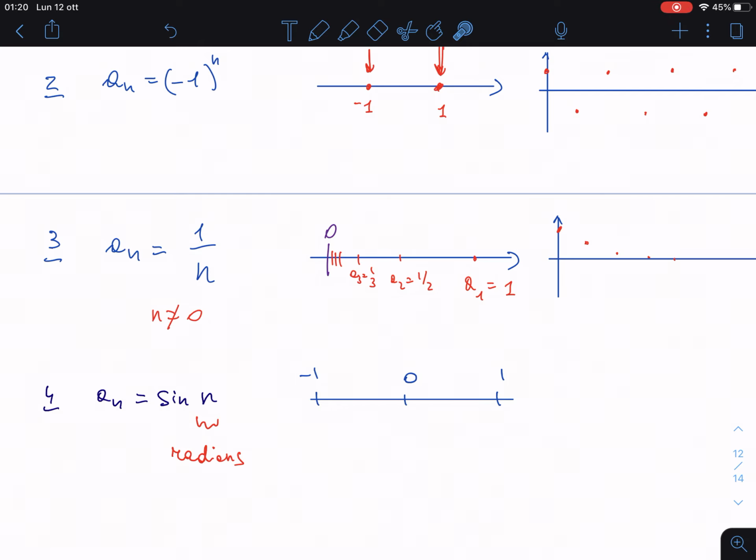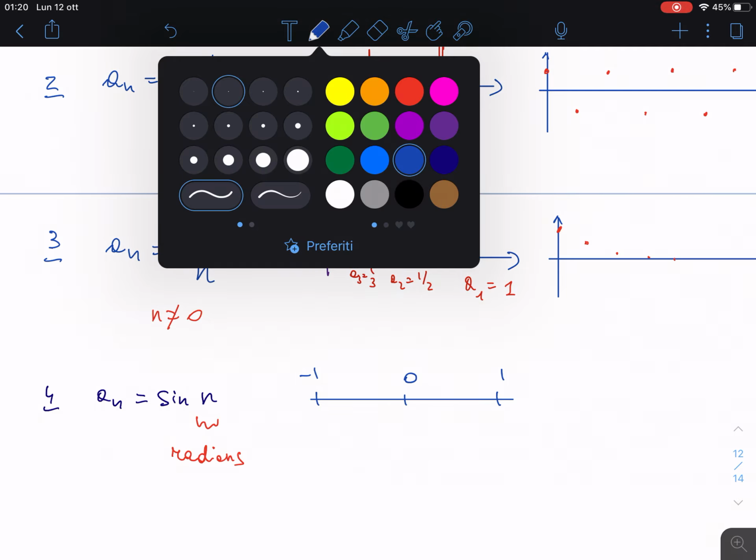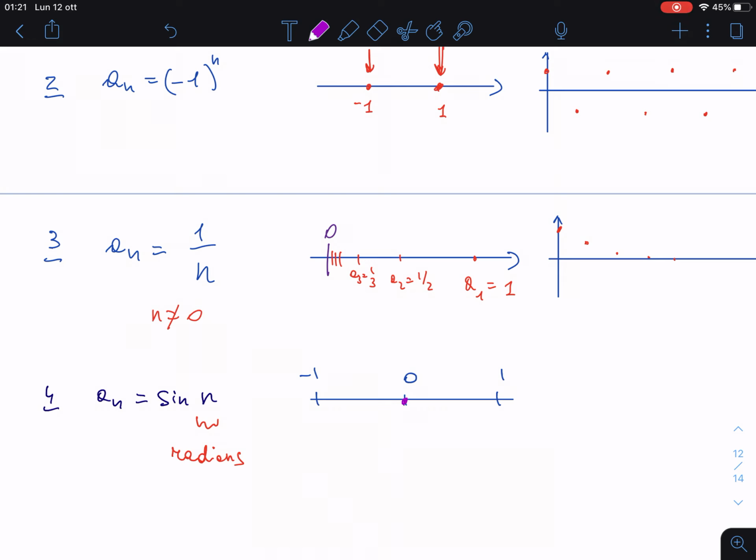And you start from sine of 0, which is equal to 0. And this is a_0. And then a_1 is sine of 1, and sine of 1 is around here. And then a_2 is here. a_3 is very close to -1. Then a_4 is back here, and so on and so on.